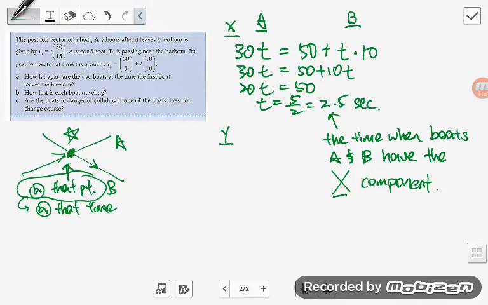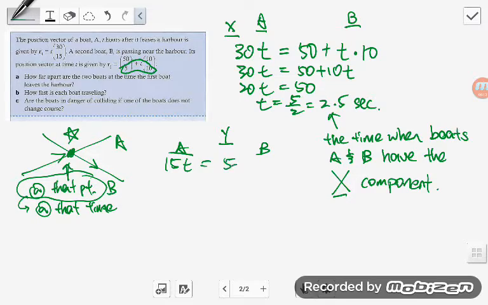For my Y component, I'm going to do pretty much the same thing. My boat A, I'm going to have 15T. This is my boat A. My boat B is 5 plus 10t, right?